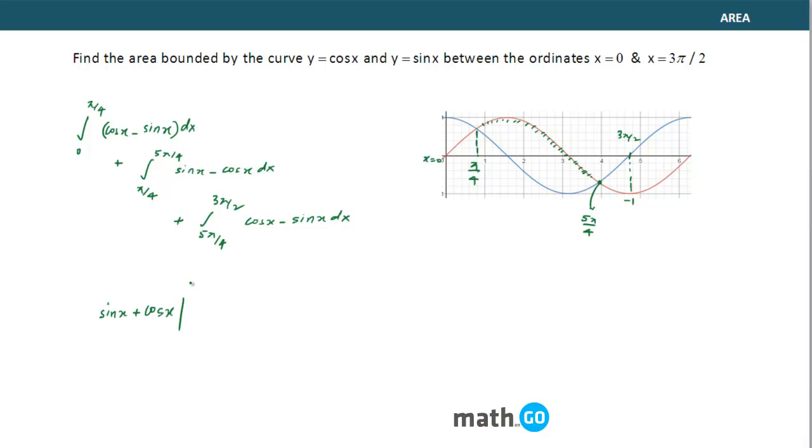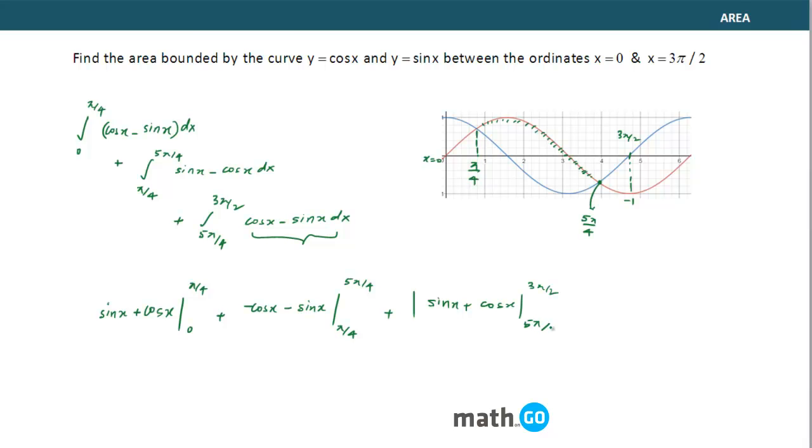You will put the limits from 0 to pi by 4 here, then this will be sin x plus cos x, again putting the values from pi by 4 to 5 pi by 4, and then lastly you will integrate this one. Integrating this one will again give you sin x plus cos x from 5 pi by 4 to 3 pi by 2.